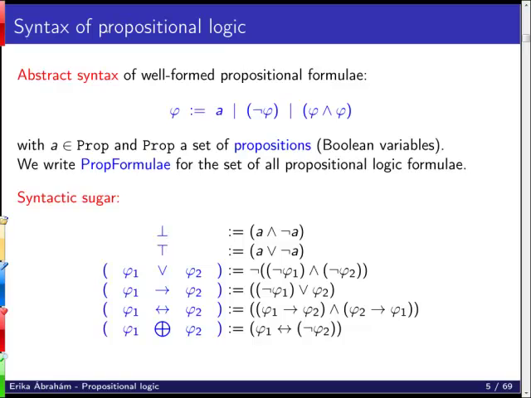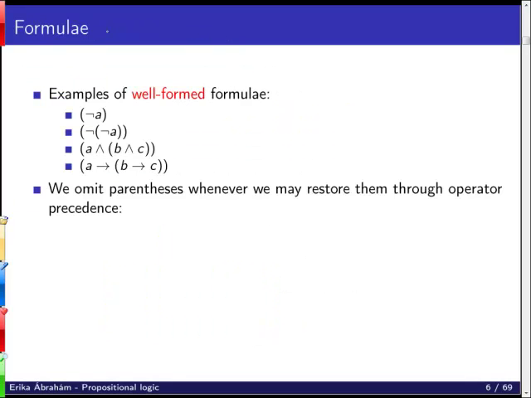Exactly. And that's what you usually do. We define the precedence that not binds the strongest, then and, or, implies, and if and only if is the usual order. And then if I leave away the parentheses, in this case nothing changes. In this case, actually also not, because the unary operator is applied inside out.